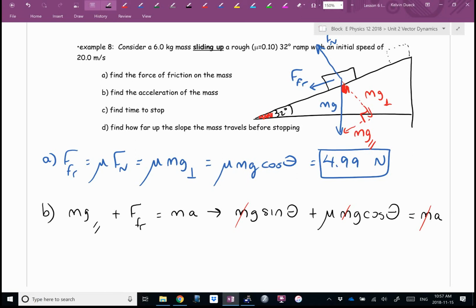So the acceleration is going to be g, 9.8 sine 32, plus mu, 0.1 times 9.8 cos 32. We did one last day where the g canceled. The g would cancel if there was also a g over on the right hand side. This time there was not.